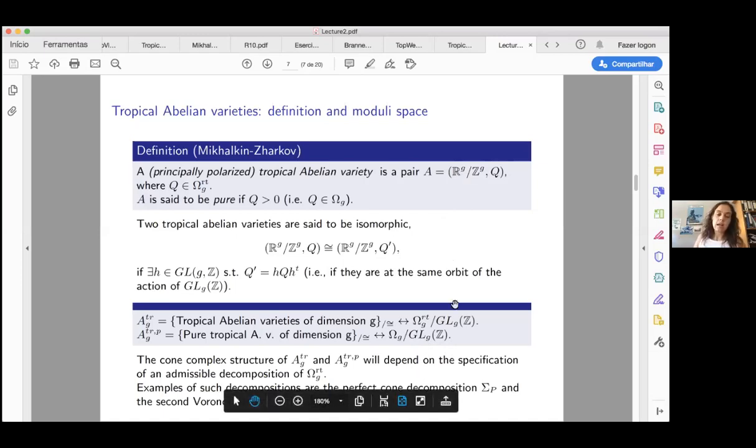Of course, now we want to give these sets a structure, which hopefully would be the structure of a generalized cone complex. And the cone complex structure of A_g tropical that we will give will depend on the specification of an admissible decomposition of Omega G rational in the sense that we just defined.